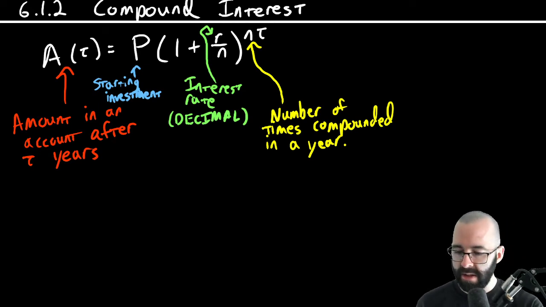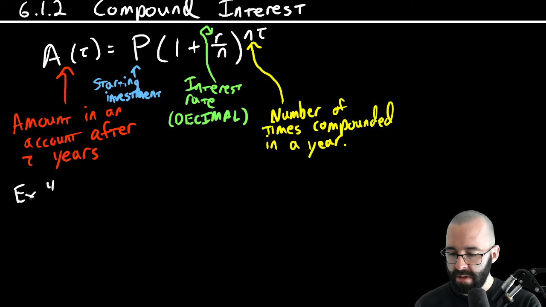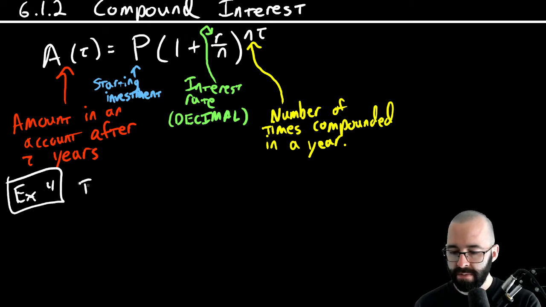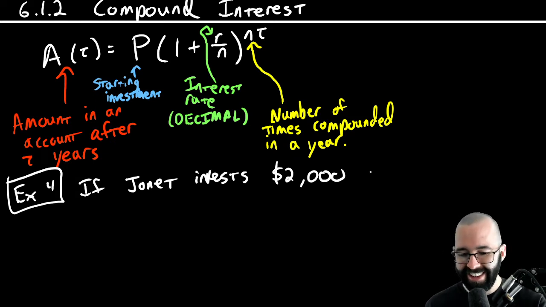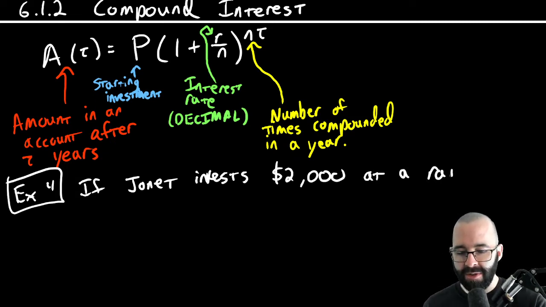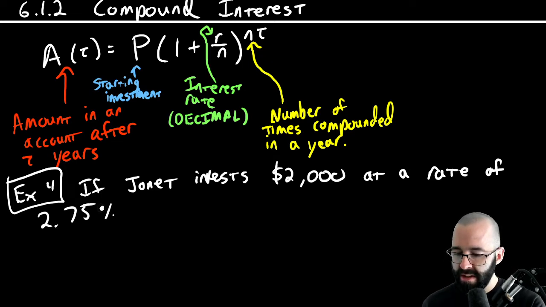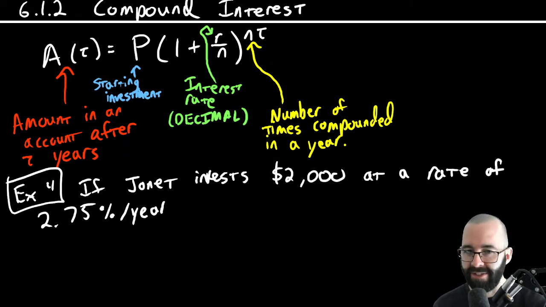So let's use it. Example 4. If Janet invests $2,000, that's her principal, at an interest rate of 2.75% per year, not great. It's very similar to inflation, depending on the year.